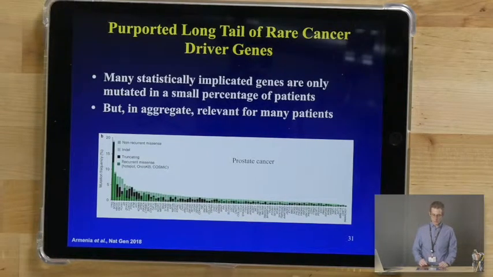And so this would suggest that given there are so many of these lowly mutated cancer driver genes, if you consider them in aggregate, they actually play a substantial role in a good proportion of patients.